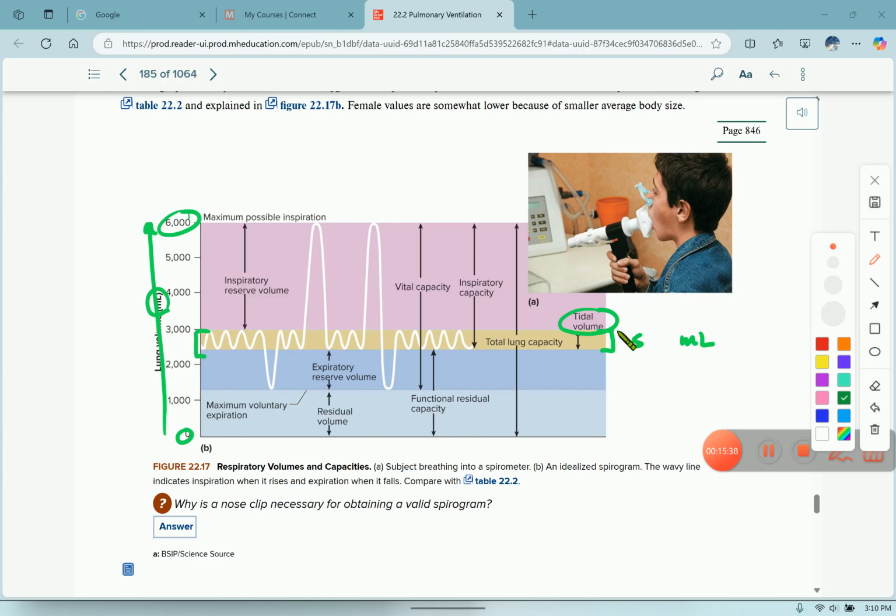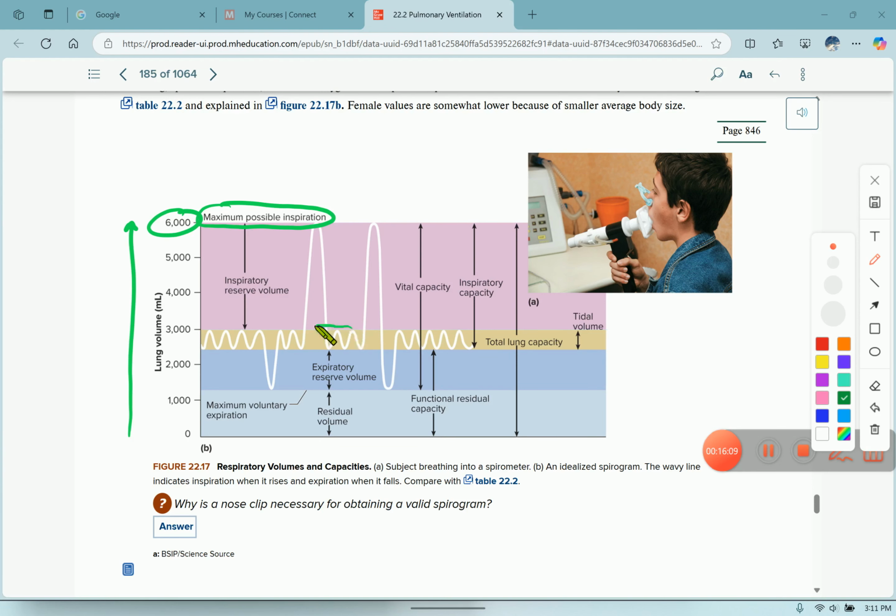Now, your theoretical, and I'll explain what I mean by theoretical, max possible inspiration is 6,000 mils. If you were able to go max, and not everybody can open everything up because it depends on your training and how good you are at deep breathing, if you could get about 6,000 mils, you can tap into that. Keep in mind that most people live in that tidal volume of 500 mils.